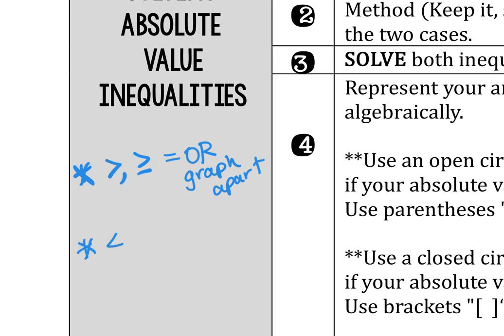But if we have a less than or a less than or equal to sign, that's going to graph like an and compound inequality, and that's going to graph together.